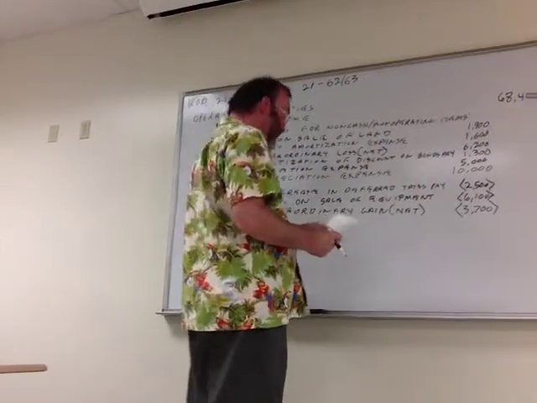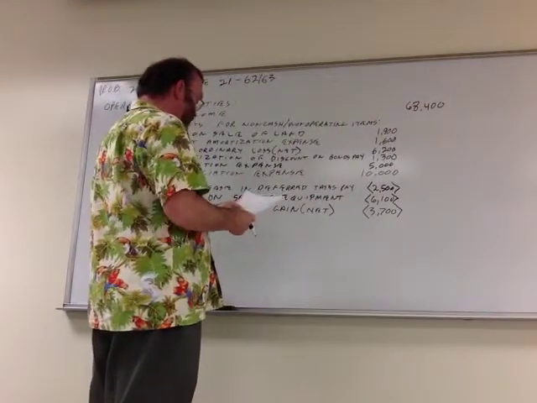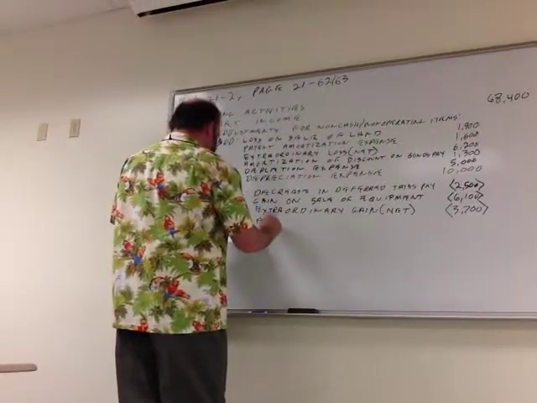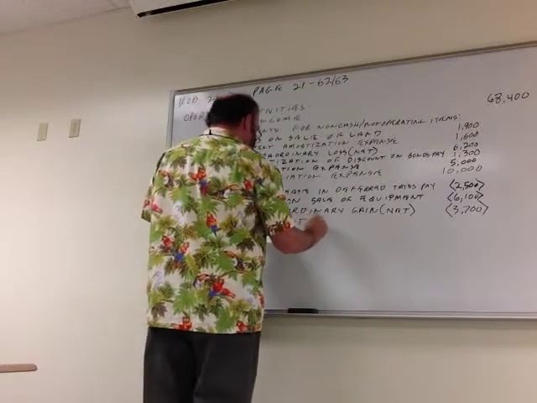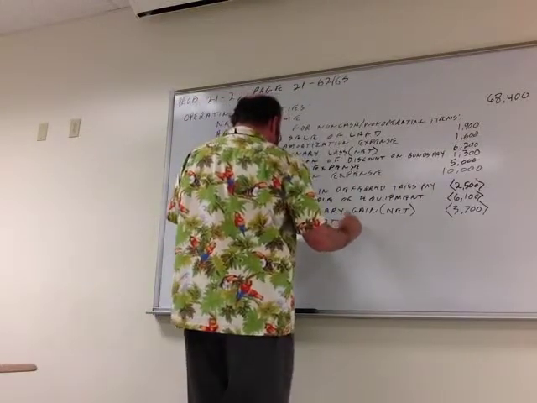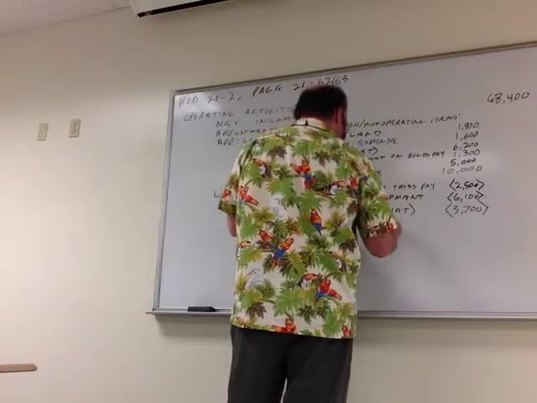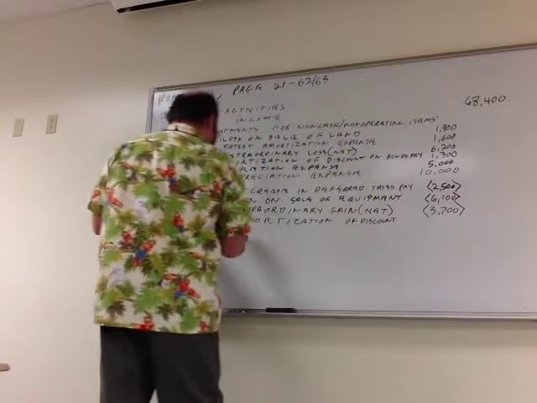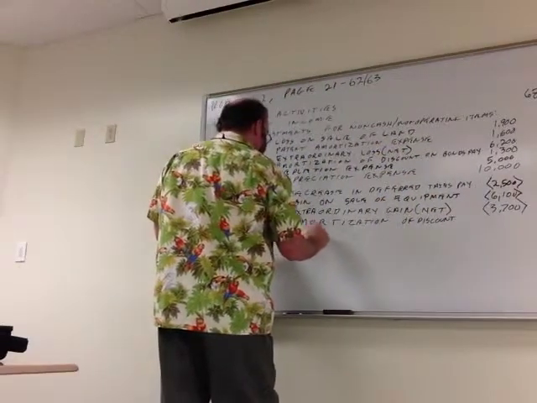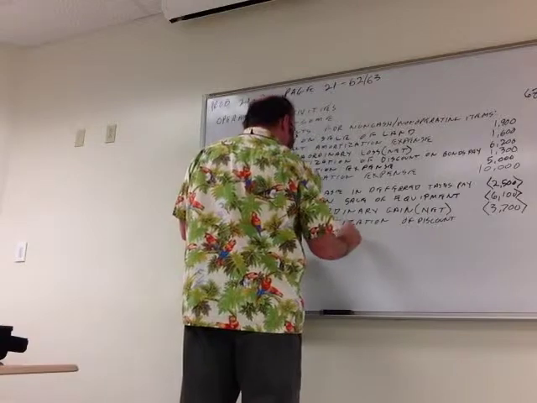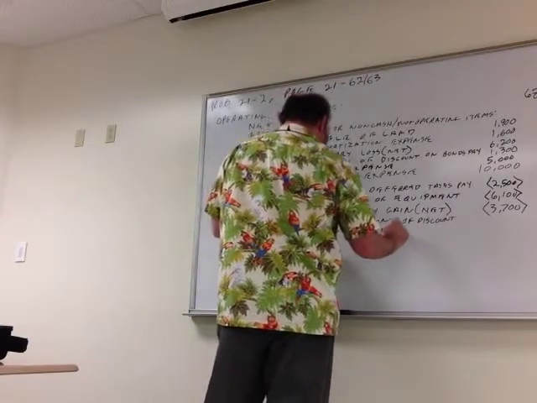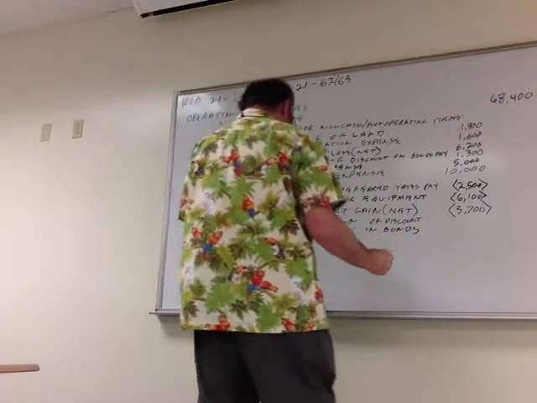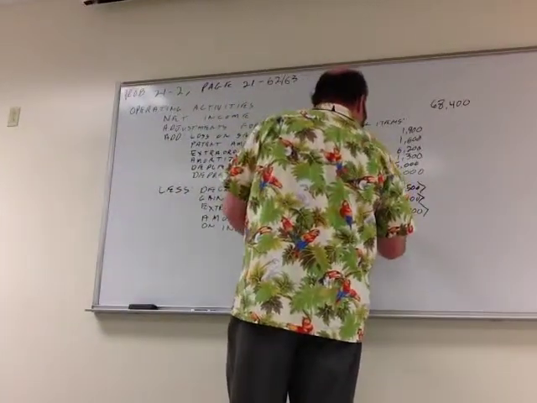So we need to subtract this. So amortization of discount on investment in bonds. And that one was 1,500.